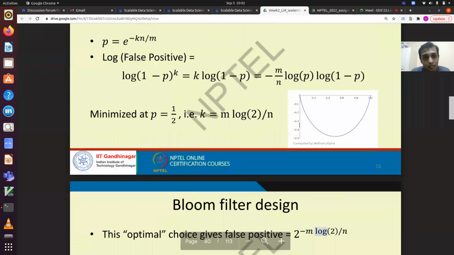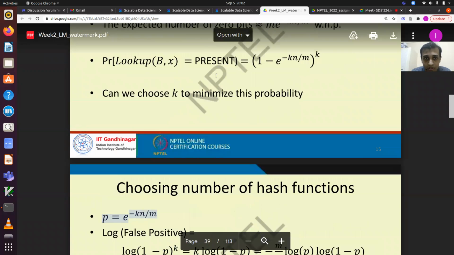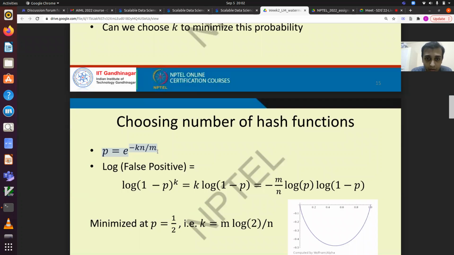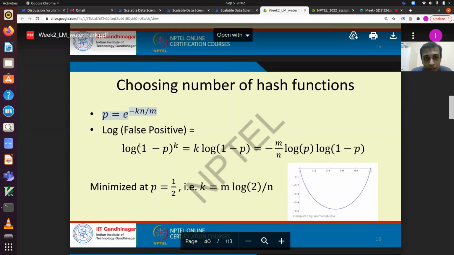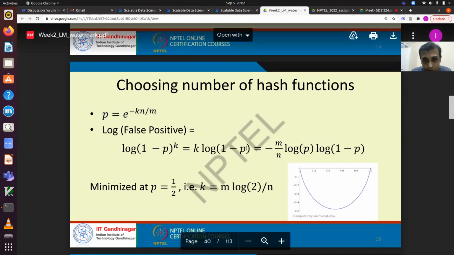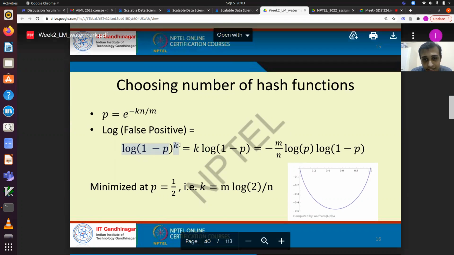Oh, you're not convinced. Okay, so let's say this is correct. This comes from our previous slide. So the P is e to the power minus k n by m, right? Now, if you take log on both sides and log is base 10, then this e would not vanish. There would have to be an e somewhere here. The only way it can vanish is if it is ln, log base e. So since this e is vanishing, this will be ln of whatever.